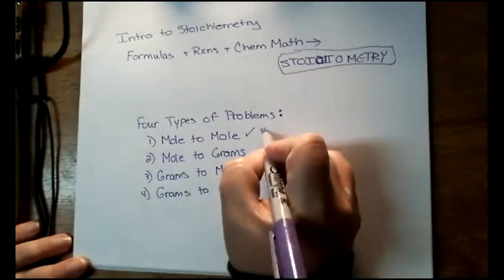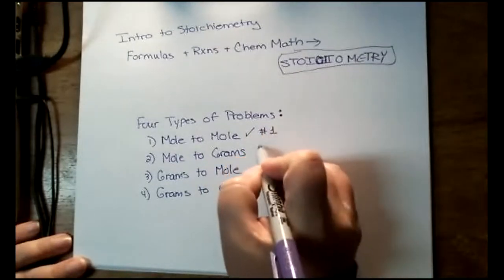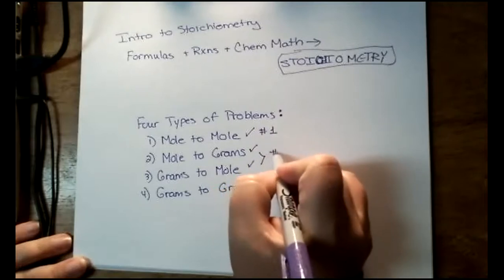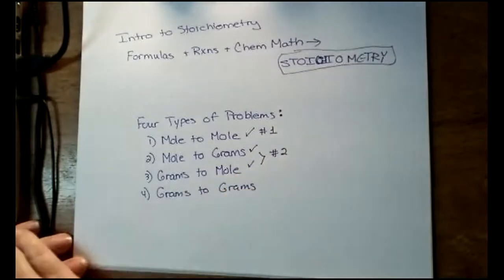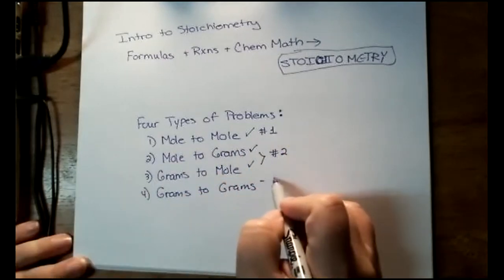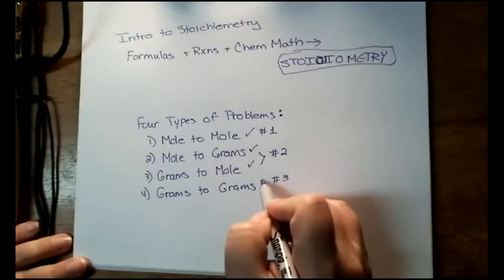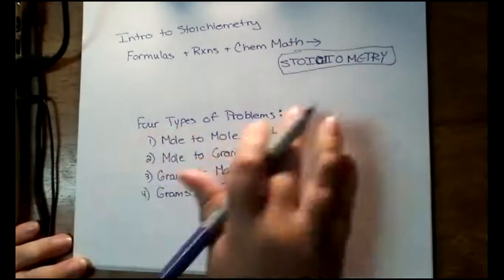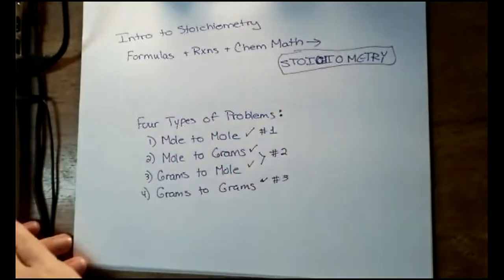Video number 2 will be these together: moles to grams and grams to moles. Then we will cover this last one in video number 3. And then there will be some other videos that cover other concepts or types of stoichiometry problems as well. But these are the 4 types of problems.